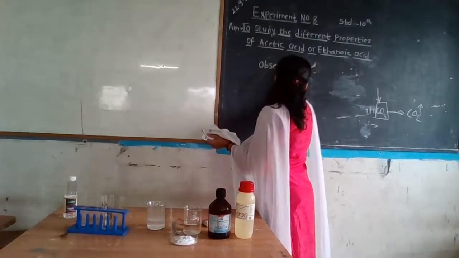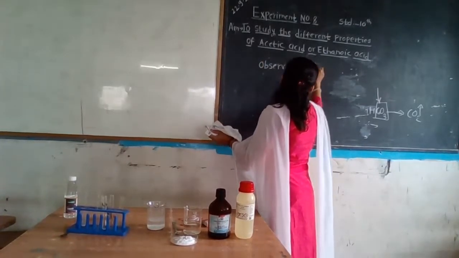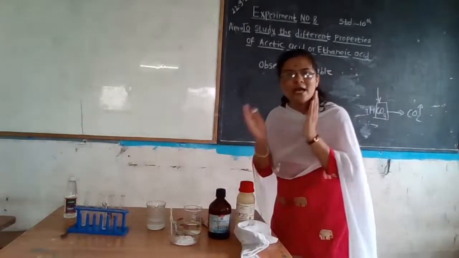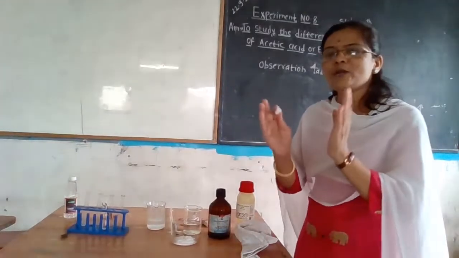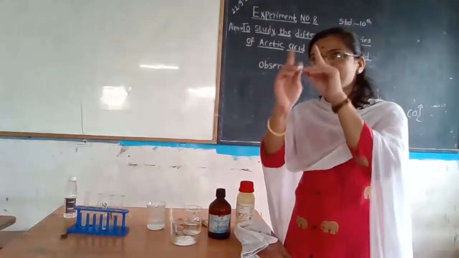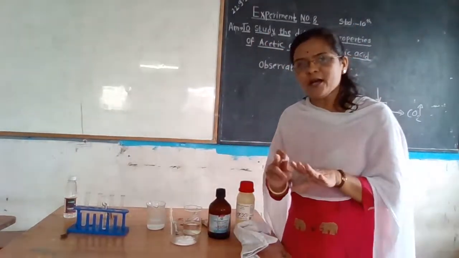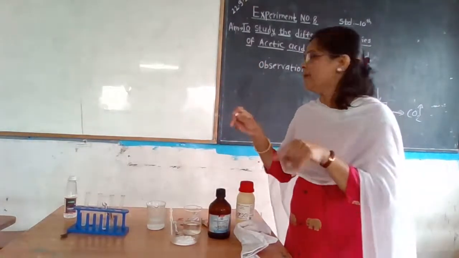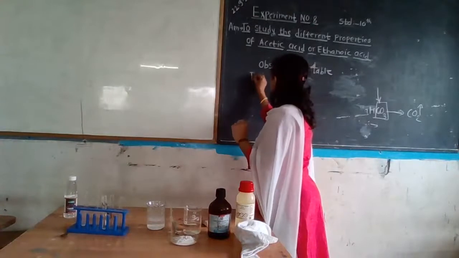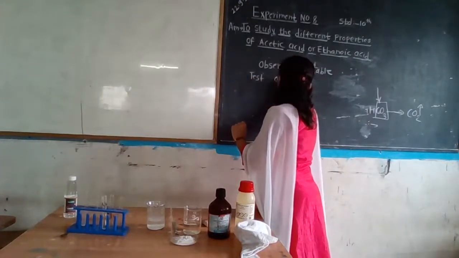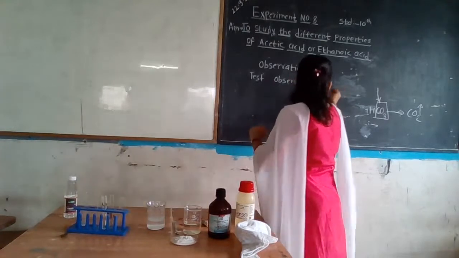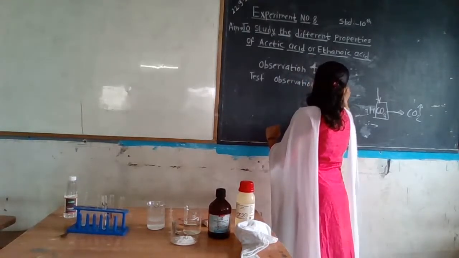The observation table should be in tabular form, on a blank page in your journal or practical manual. Inference means conclusion.